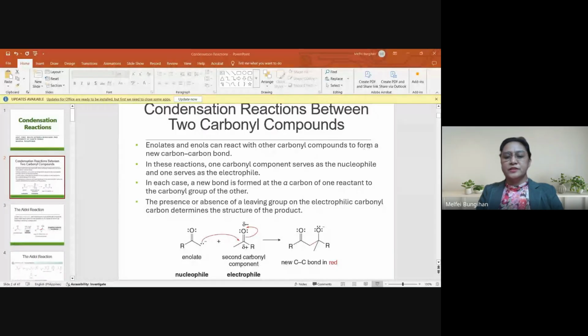So your hydroxyl group is in the beta position. That's why we call it beta-hydroxyaldehyde. Okay, so that is the basics of the aldol condensation.